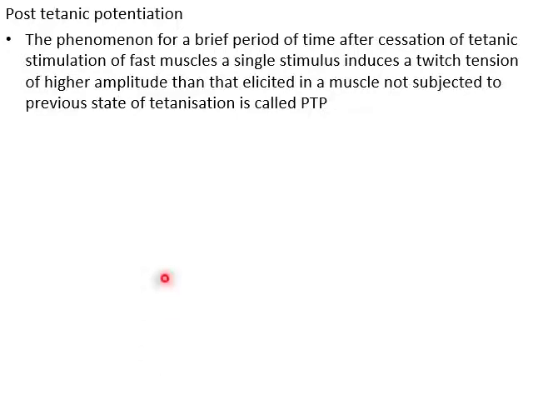A single stimulus induces a twitch tension of higher amplitude than elicited in a muscle not subjected to previous tetanization. This development of higher twitch tension occurs only for a brief period after tetanic stimulation, which is called post-tetanic potentiation.